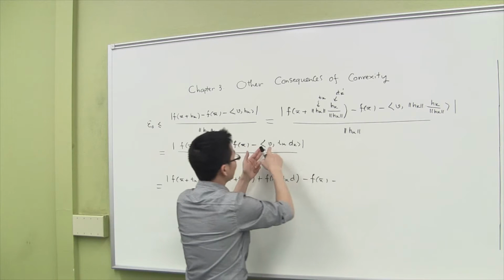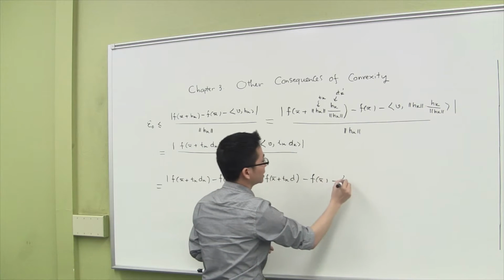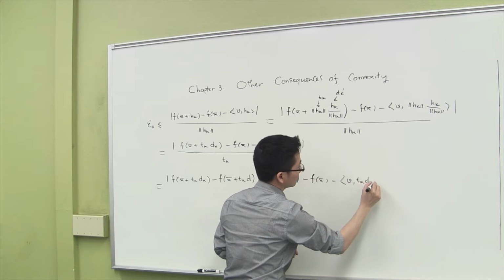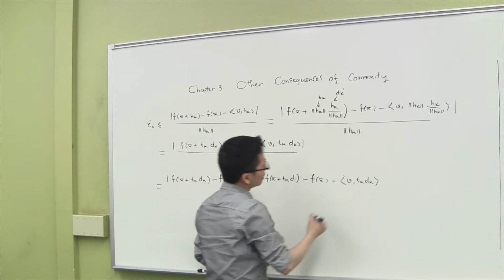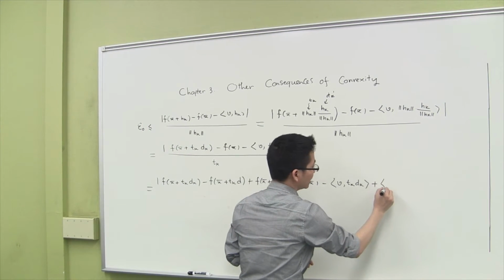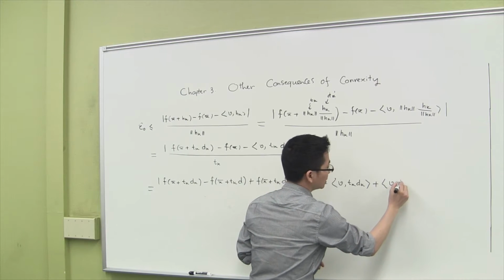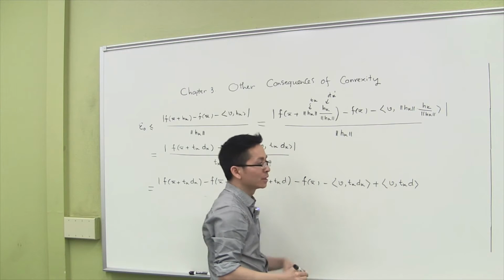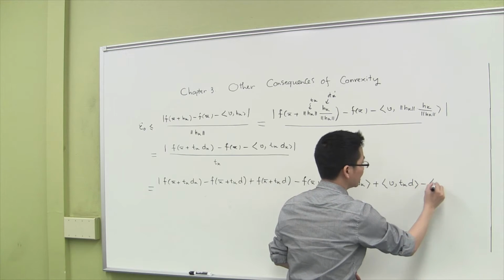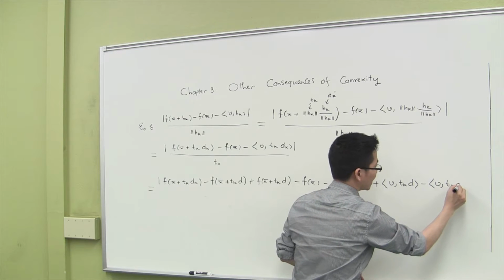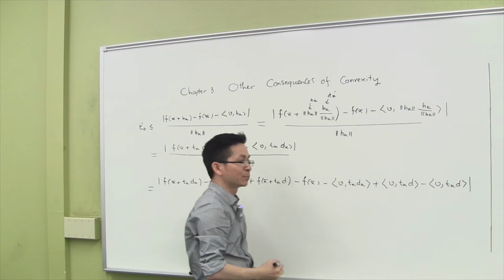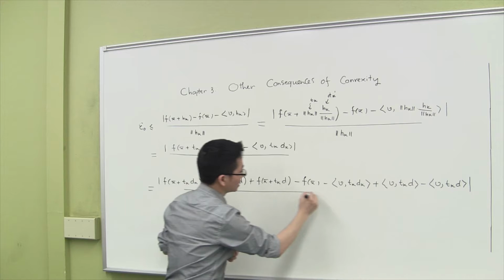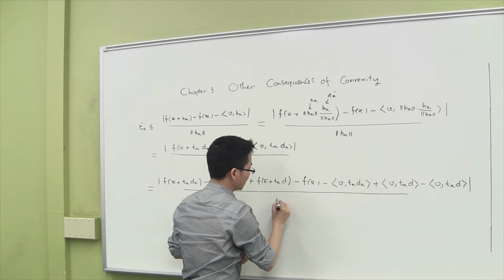Then we subtract the inner product of v and tk times dk, and we add a new term, the inner product of v and tk times d, and subtract that new term again to make sure that the expression remains the same. Everything is divided by tk.